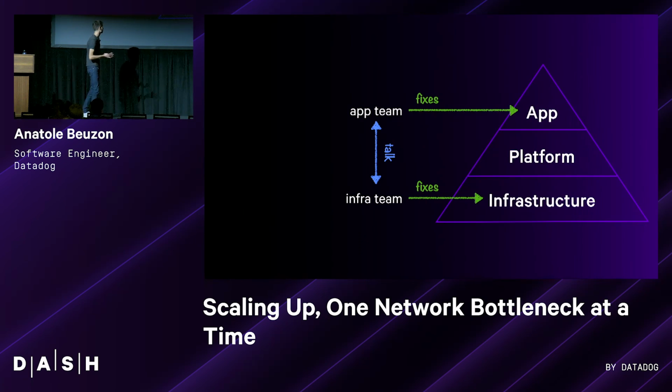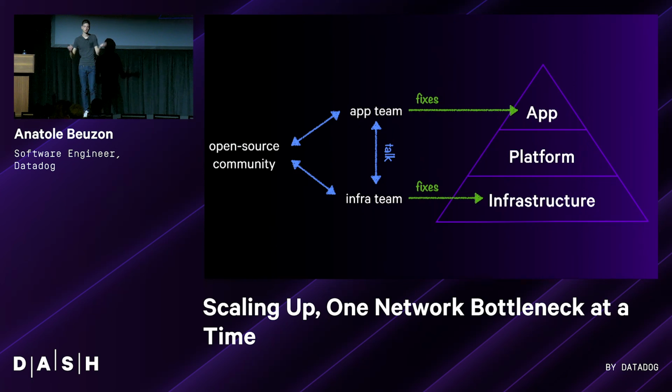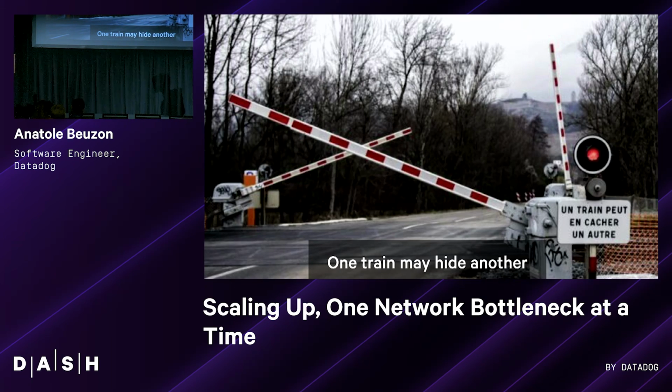And the developers are generally not expected to know what TXQs are or why they exist. And we also need the open source community with whom we also want to keep a discussion going. We mentioned earlier that the Linux kernel fix was essential in solving this problem. So really it takes multiple teams to solve a complex problem like this. And it requires that one group advertises the problem and asks for input from other groups of people.